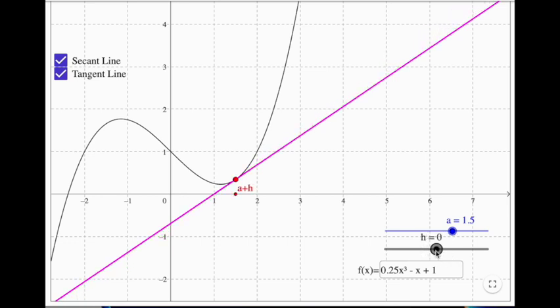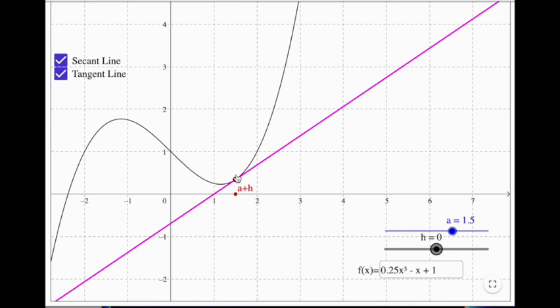As I slide the second x point closer and closer to where those 2 points are pretty much sitting right on top of each other, that is when the secant line becomes the tangent line, because we closed in that distance between the 2 x values, which is the limit as h approaches 0. H is the distance between them.